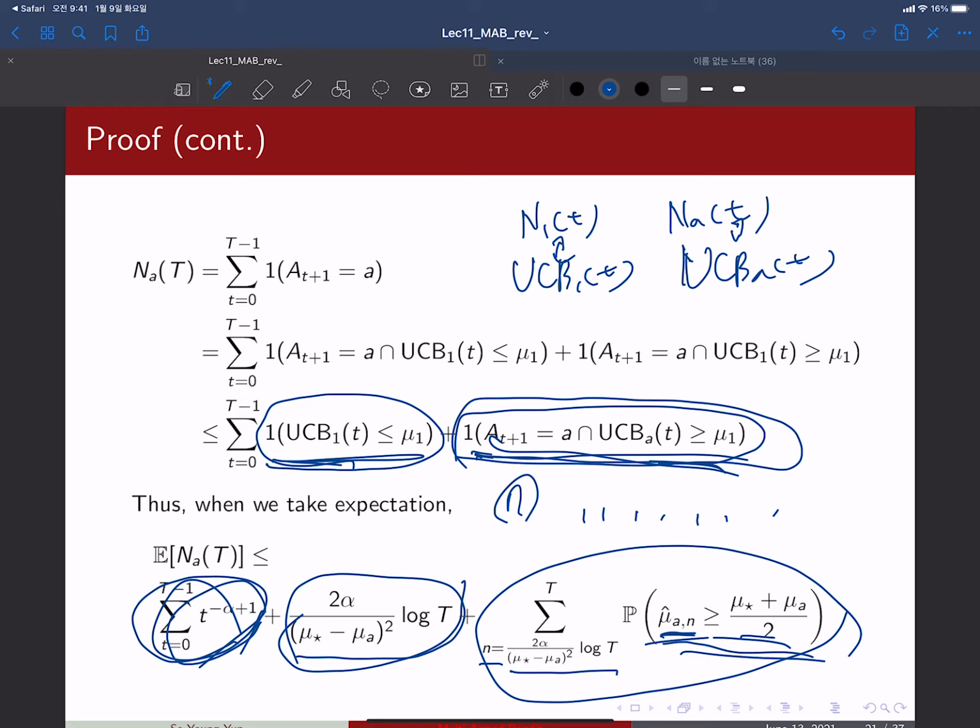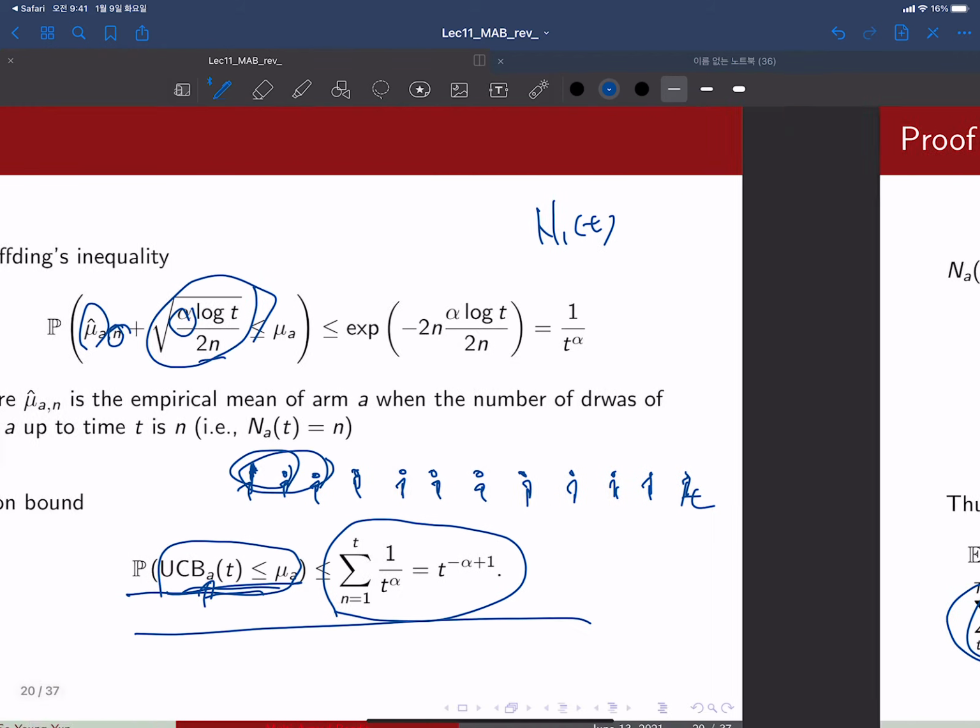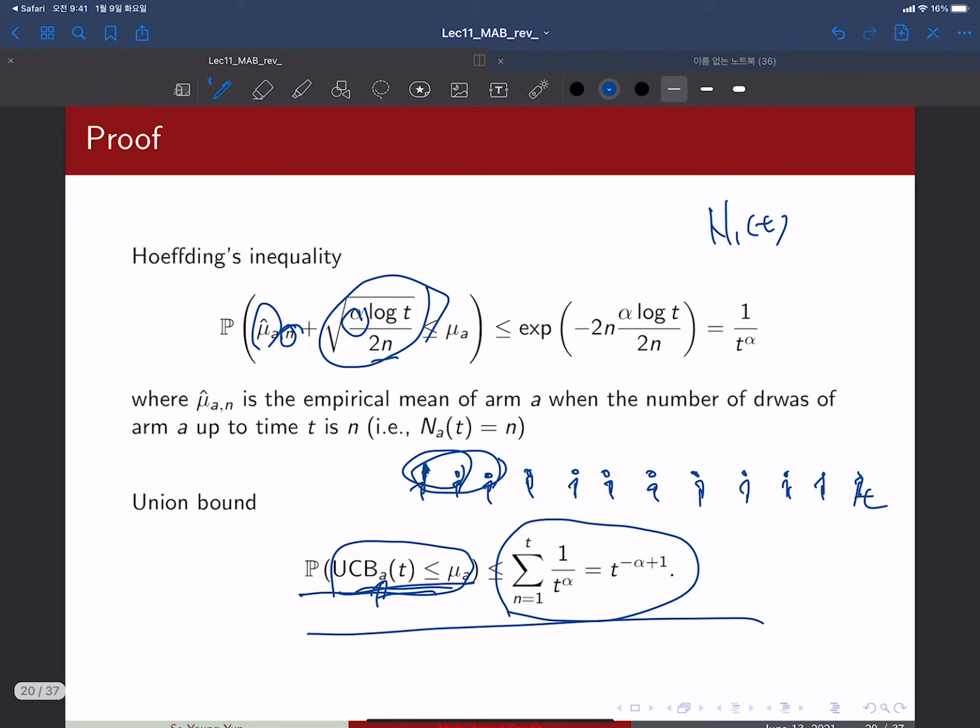But when you increase alpha, you have a higher value for this part. Why does that happen? Basically, when you increase this alpha, the suboptimal arms have more chance to be played because you increase the range of the confidence bound, which increases the exploration. So when you increase alpha, you encourage the exploration, right?